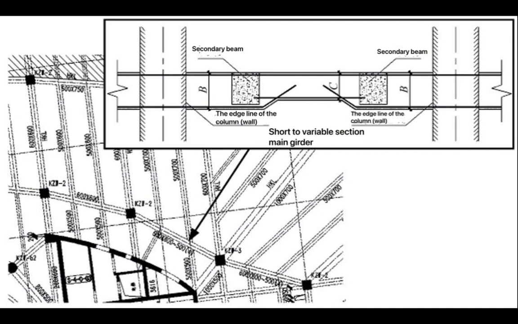Loading rate and the beam height can be appropriately reduced. On the other hand, a variable closed section form is adopted for the beam, and the beam height is reduced by 1/3 in the middle of the span for the passage of electromechanical pipes.